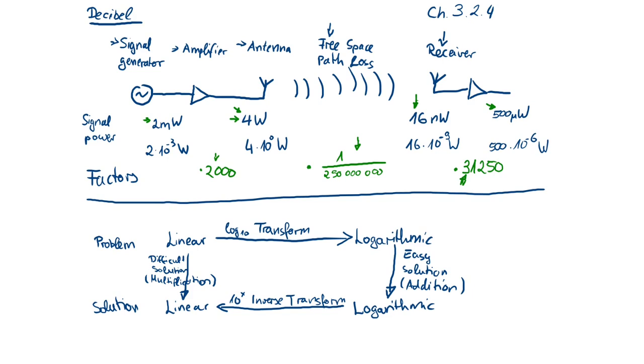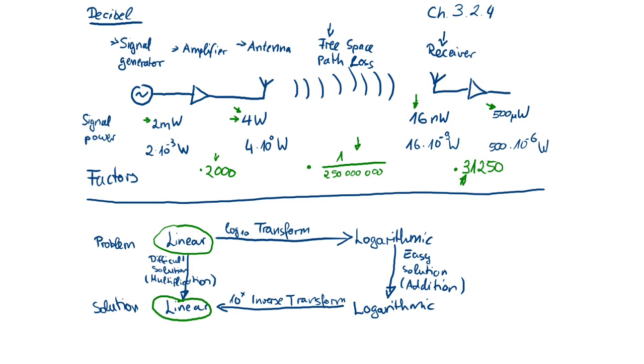So remember back to chapter 2 where we discussed transforms in general. So we have a problem here in the linear space. What it is, we will clear that later, and it is rather difficult to solve in the linear domain.